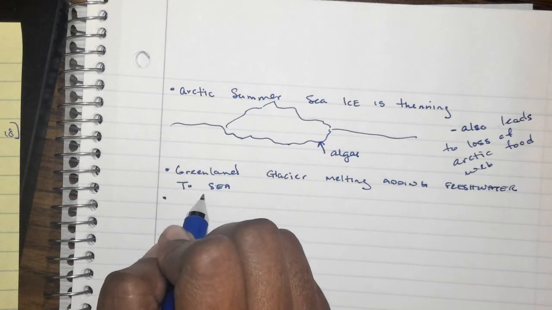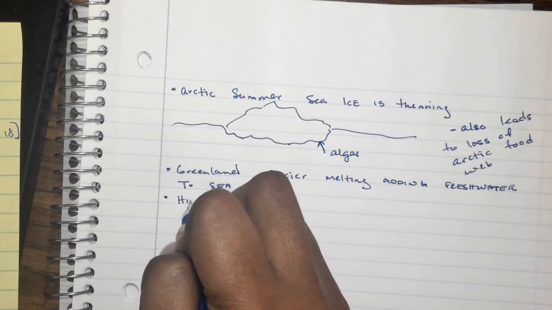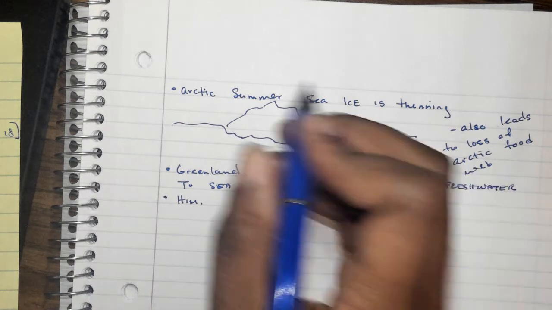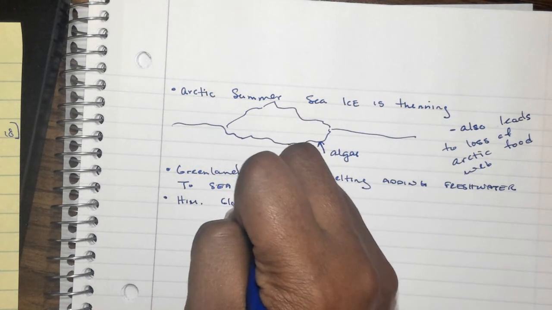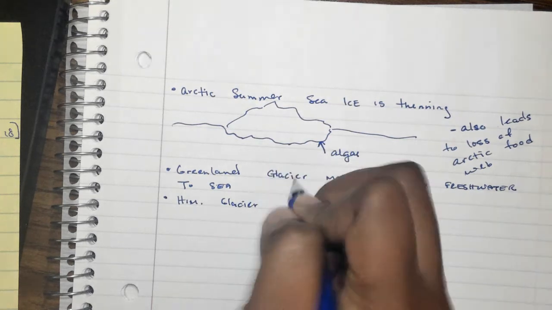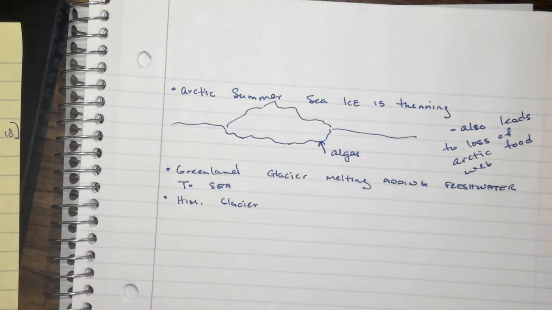I know the Himalayan, I'm just going to write that because I can't spell Himalayan, but the Himalayan glaciers are melting. And the problem with the Himalayan glacier melt is that the water it provides is necessary for the people in that area.